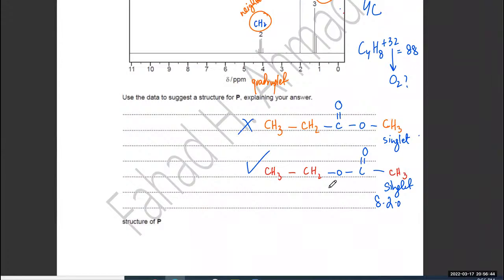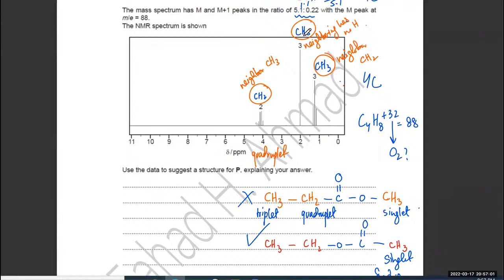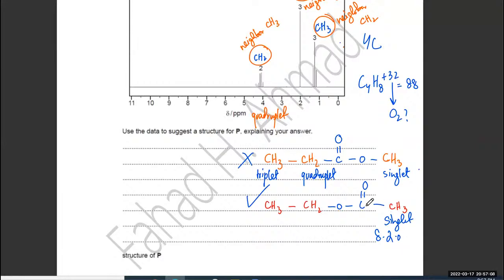This one is going to be the quadruplet, and this one is going to be my triplet peak, which is going to be the same in the other one as well. But I'm focusing on the singlet. The singlet will tell me which CH3 it is. Is it right next to an oxygen or right next to a double bond O? Since it was 2, I know that it's right next to a double bond O based on the data booklet. Is that part clear?